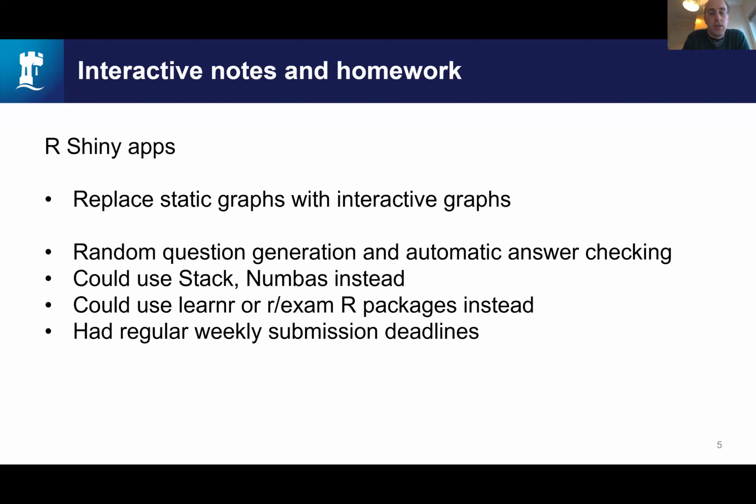So again, I used R Shiny to write my own, not particularly sophisticated things, but web pages which would randomly generate questions with random numbers in, and then students could work out the answer and type it in, and it would tell them if it was right or not to a sufficient number of decimal places. I did play around with the learnr package in R, but it didn't have the flexibility that I was looking for. My colleague Simon Preston pointed me in the direction of the R exams package, which I haven't had a chance to look at yet, but might be useful in replicating what I was doing.